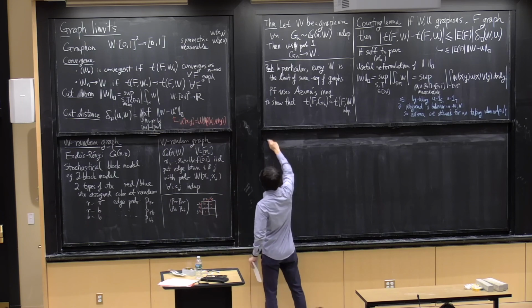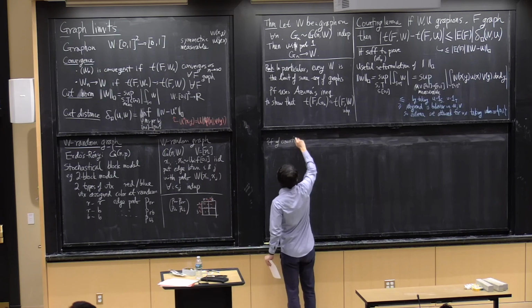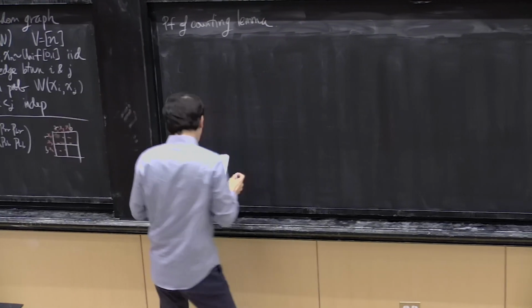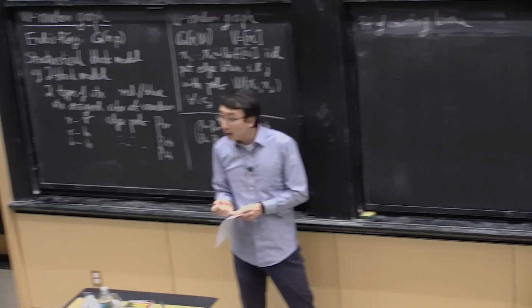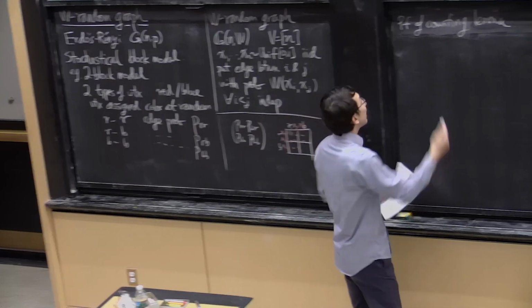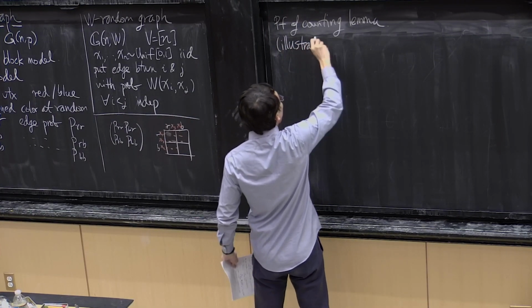And now I'm ready to prove the counting lemma. Instead of writing down the whole proof for general H, let me write down a calculation that illustrates this proof for triangles.